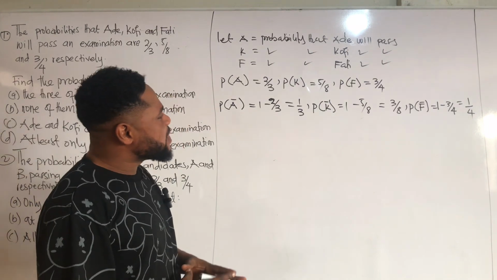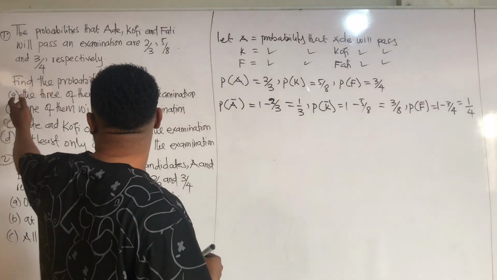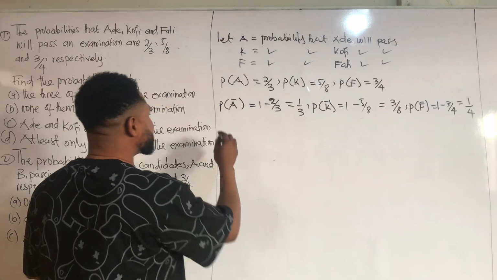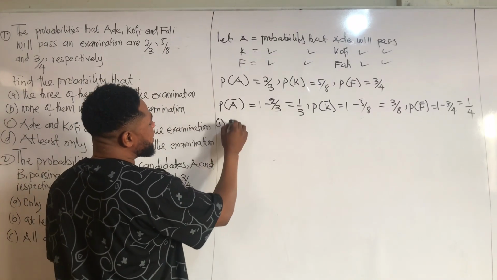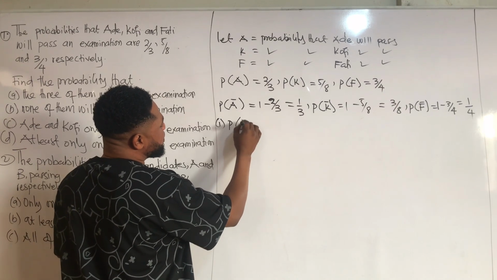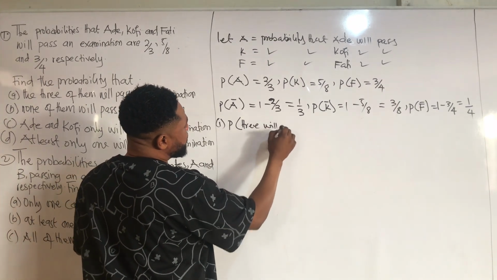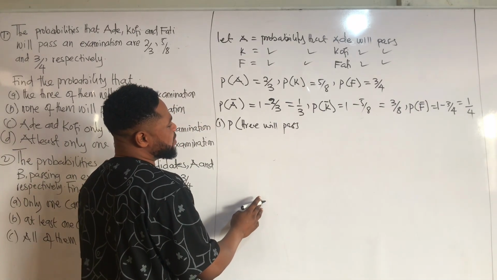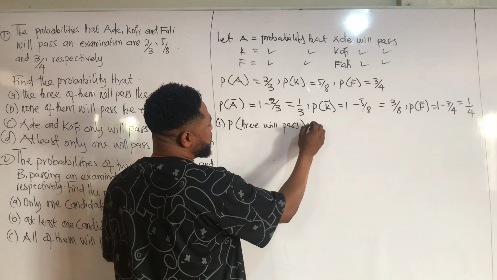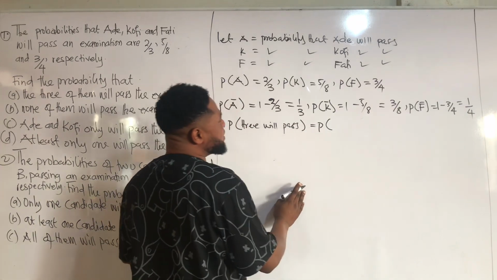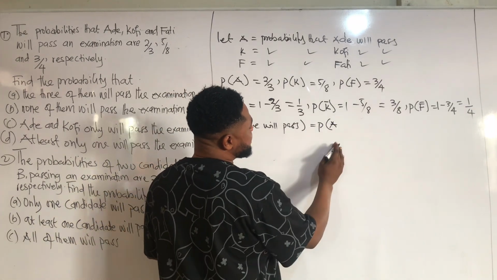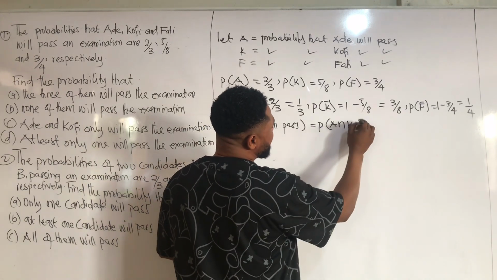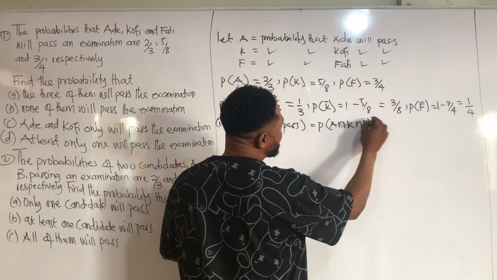Now let us start to answer the questions. Now, probability that the 3 of them will pass the examination. So that is our I. So we say the probability that the 3 will pass, which means that probability that Ade will pass, intersection Kofi will pass, intersection Fatih will pass.